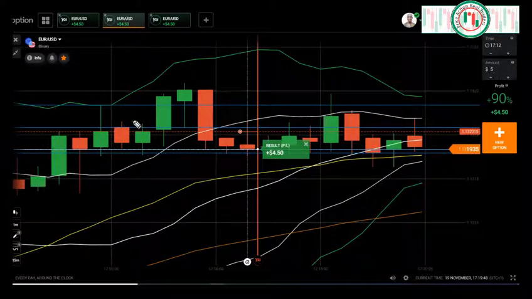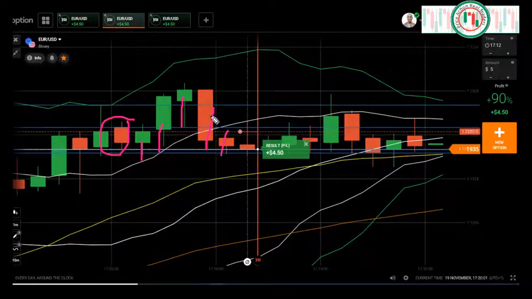You see, after I took this trade, I waited for 1, 2, 3, 4, 5 minutes to get another opportunity. After I waited for 5 minutes, this is the reversal pattern, and you can see 1, 2, 3 white soldiers.